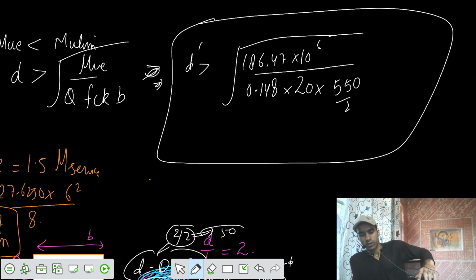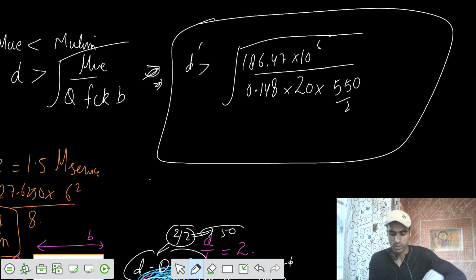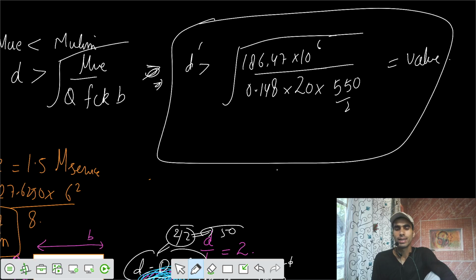Let's see what you are going to say. If you solve it, you would get some value. Let's say you got some value of d. Let's assume that you got some value of d, and we would see your aptitude here and your reasoning.